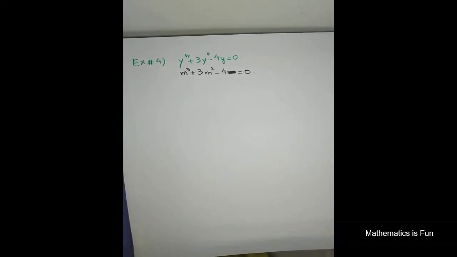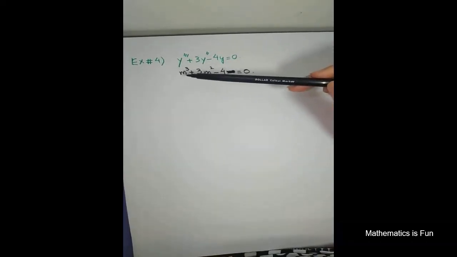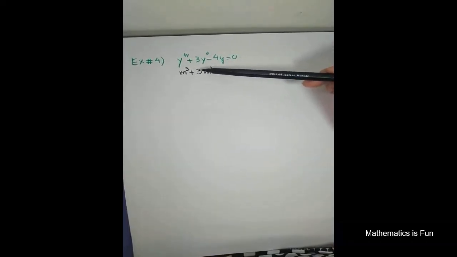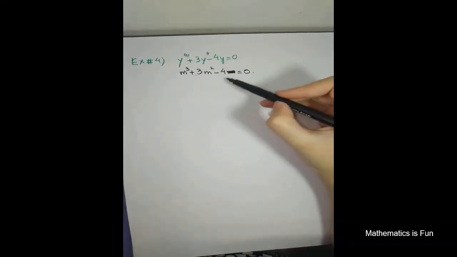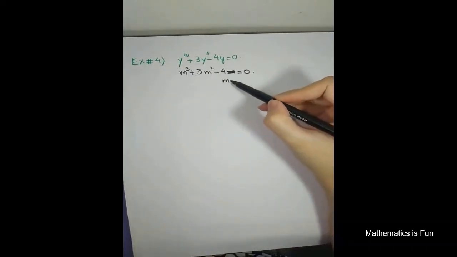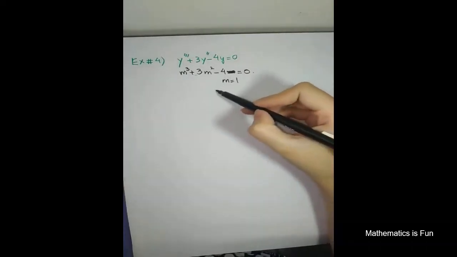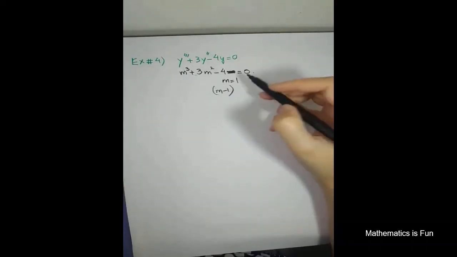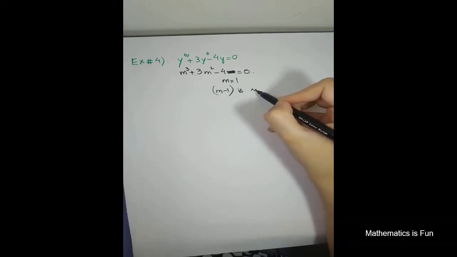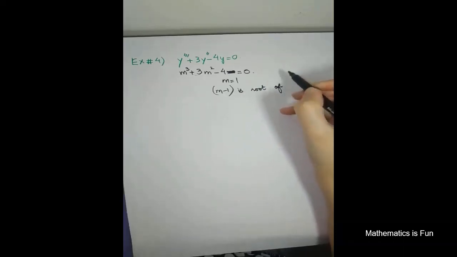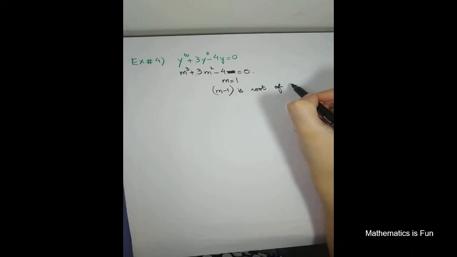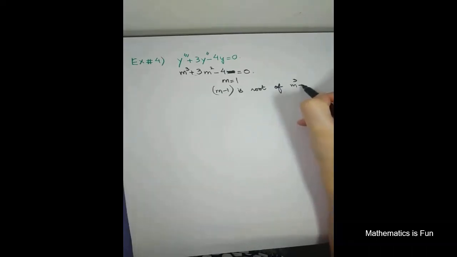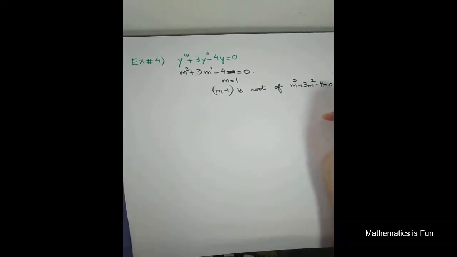If m is 1, then 1 cube plus 3 into 1 is 4, and 4 minus 4 is 0. Yes, m is the root. So I can say that m minus 1 is a factor of this equation, m cube plus 3 m square minus 4 equals 0.